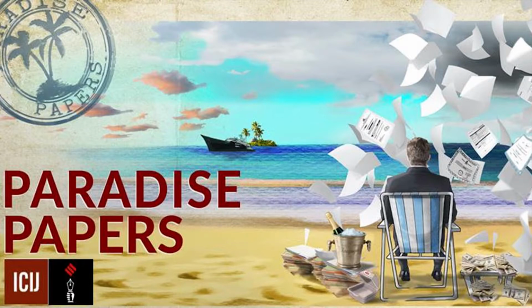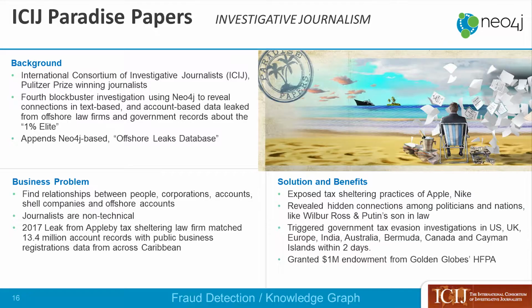Well, guess what happened to the ICIJ? They did it again, right? The Paradise Papers. Different law firm, Appleby this time, same kind of leak. And instead of being about individuals and where they're hiding their money, this is about corporations and where companies are hiding their money. So the corporations in question were Nike and Apple.